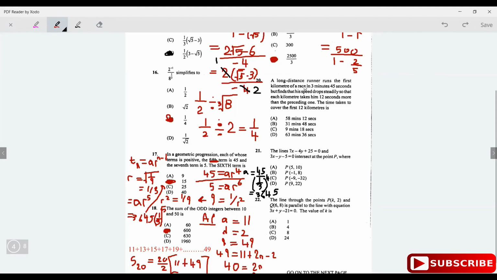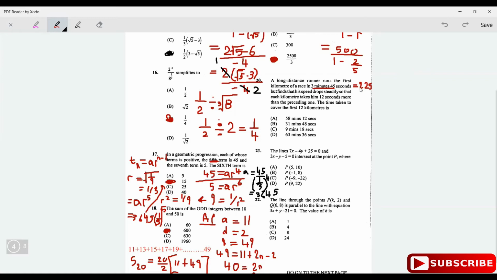So for simplicity of this question, I like to work strictly in terms of seconds. 3 minutes and 45, so that for me is 3 minutes is 180 plus 45, that's 225 seconds.